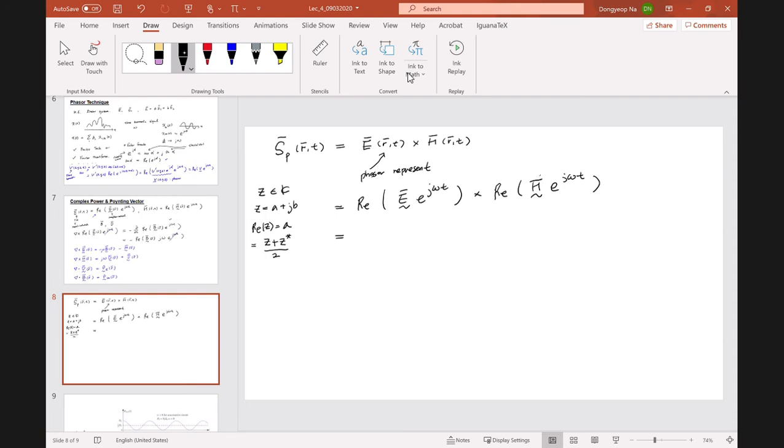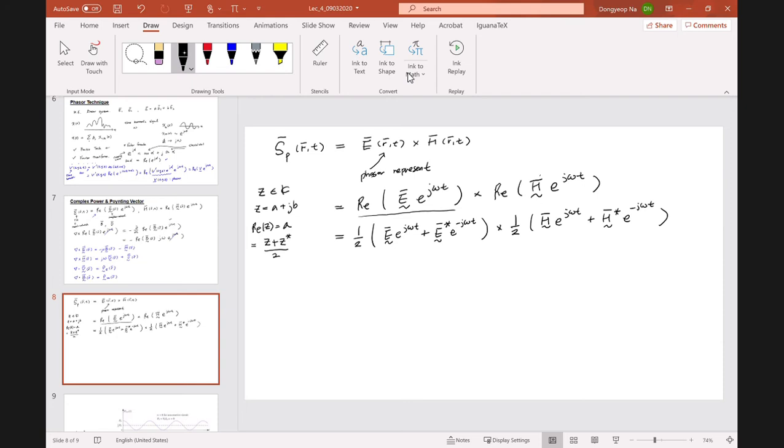Okay, so that means that we can write this term as 1 over 2 its phasor plus its complex conjugate, and in the same fashion we have another term plus its conjugate.